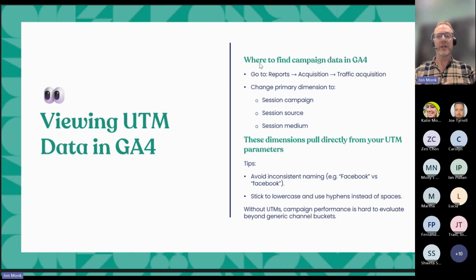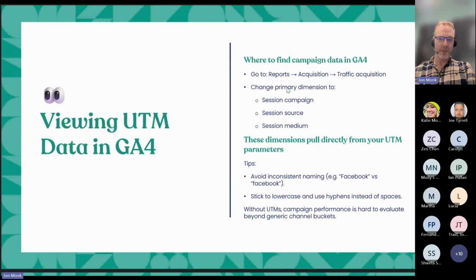I'm not going to go into detail into Google Analytics 4 because if anyone has used it, you know it's not the easiest to use platform, but you go into reports on the left hand side, acquisition, traffic acquisition, and then you can change the dimension to check the campaign source and medium, and then you can see the details in there.